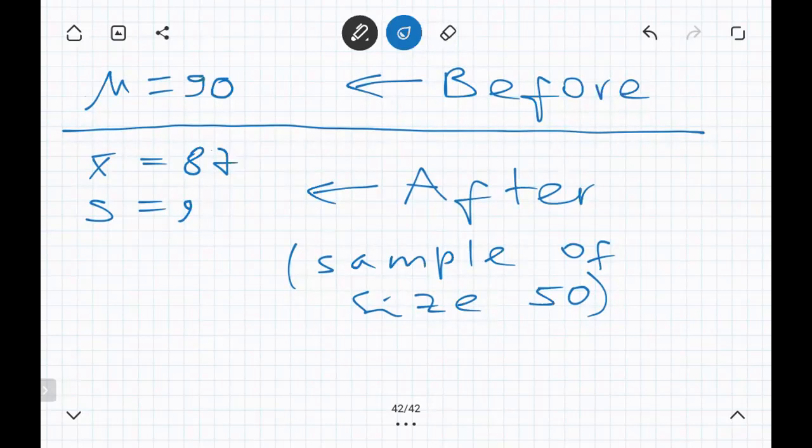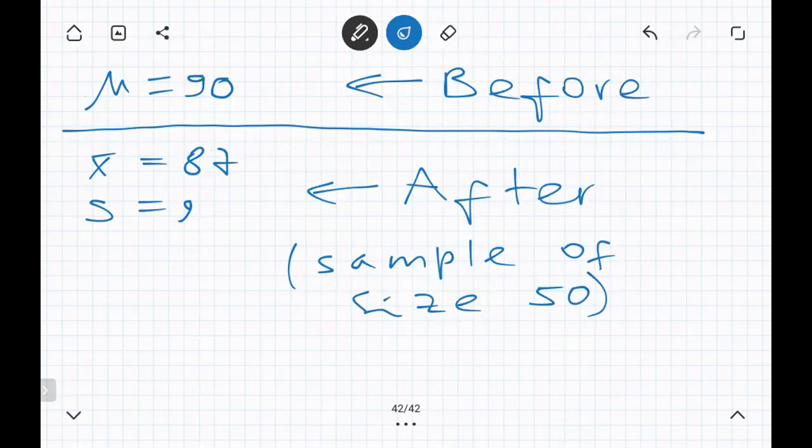And again, I'm starting to worry. I'm thinking, well, maybe this online study thing is not very good. Maybe it led to the points dropping, because the new sample average is less than the previous population average. Then I remember that I'm teaching statistics, and that there is such a thing as sampling error.